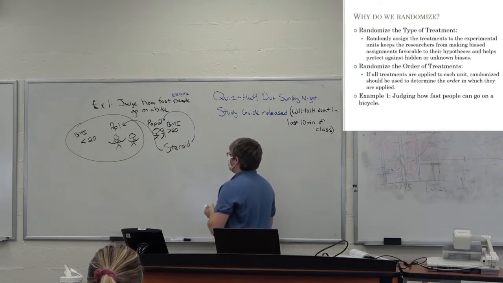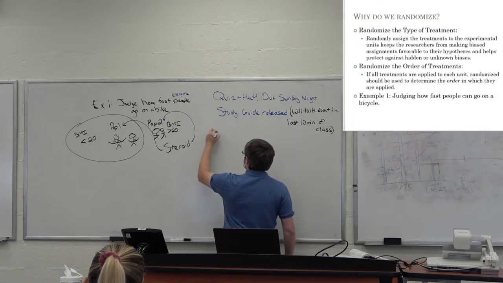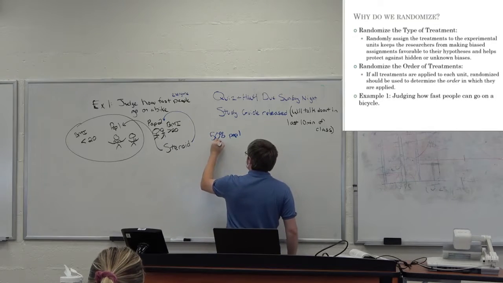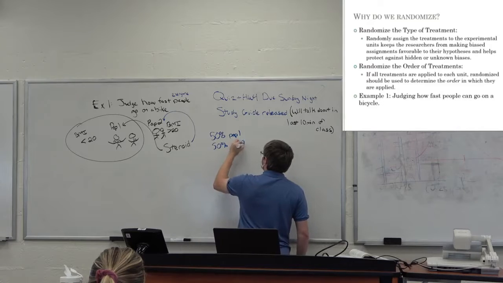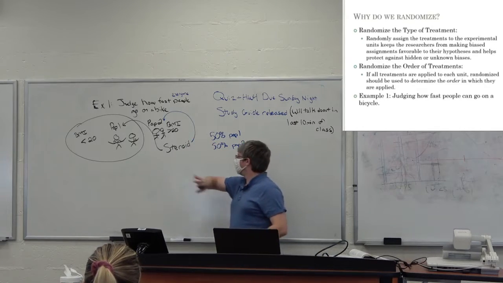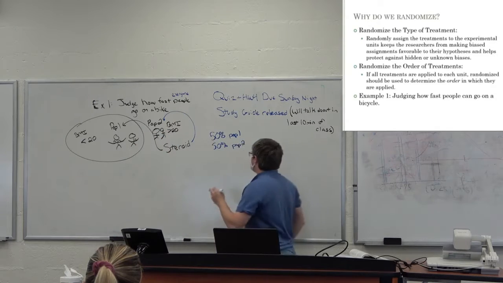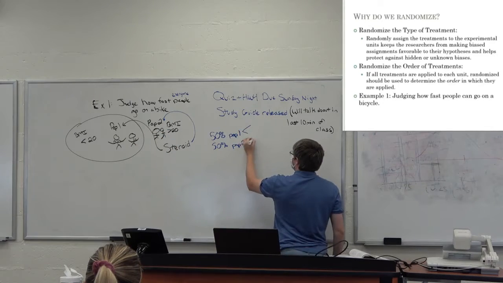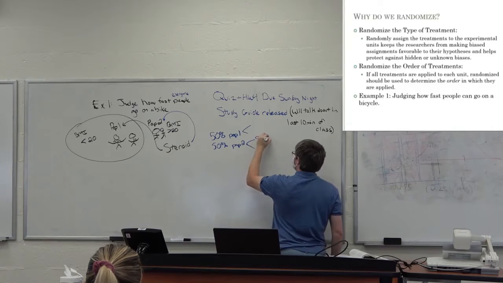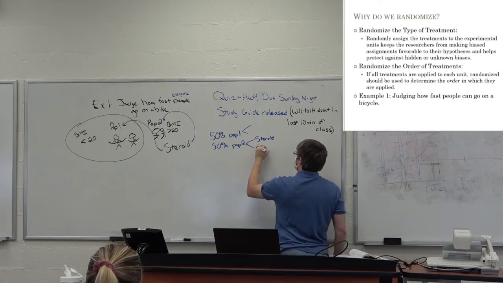And so what you want to do is say get 50% of people in pop 1, 50% in pop 2, just so you have an equal representation of fit people to non-fit people, and then you split this up and you randomly assign some of them to get the steroid and some to get a placebo.